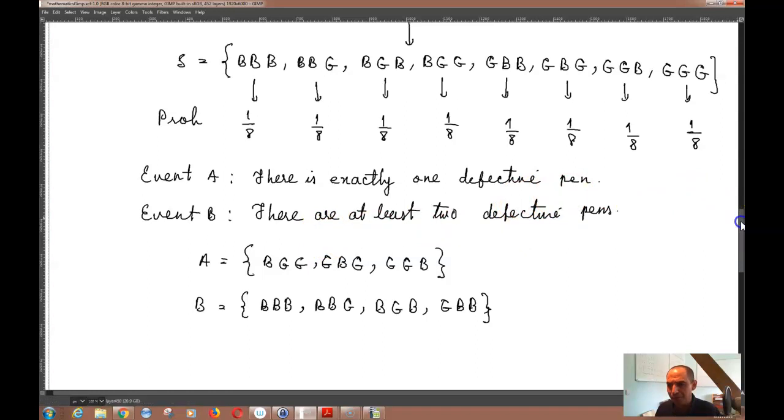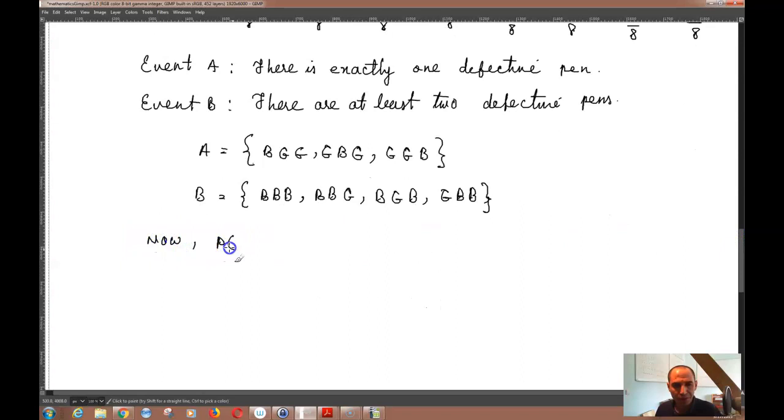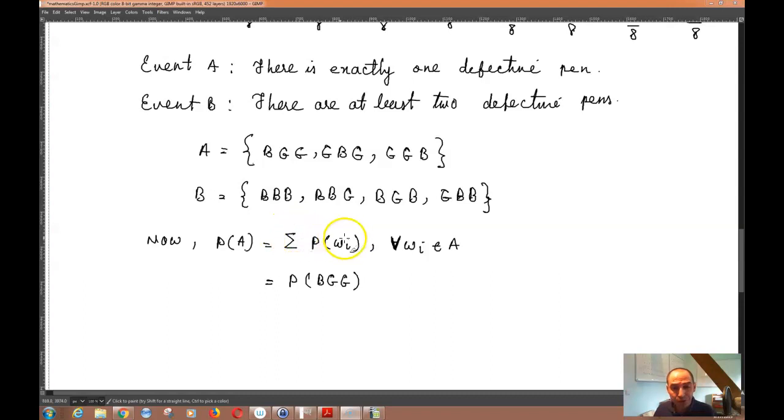Now P of A, the probability of the event A occurring, is the sum of P of omega i for each omega i belonging to A, as i goes from 1 to 3.